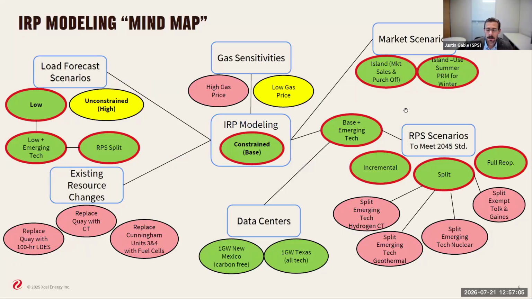So I appreciate the comment, Chris. What I would say is that there's a couple of things related. We do have gas price sensitivities. So I do hear you on how impactful gas price sensitivities are to the net present value differences. We don't have those scenarios built out yet, but we will be providing results on that.